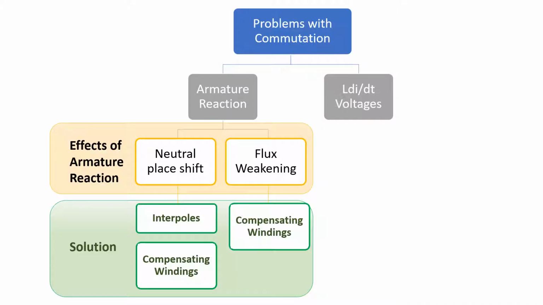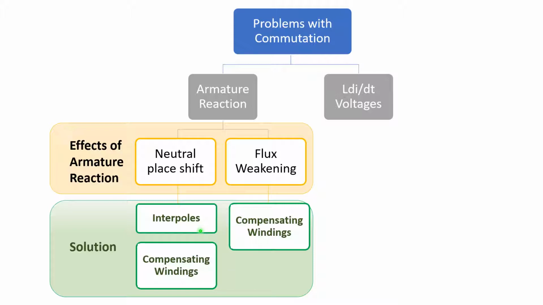So in conclusion, the problems of commutation are divided into two: armature reaction and L di/dt voltages. The effects of armature reaction are neutral plane shift and flux weakening. Now, both these effects of armature reaction can be solved by having compensating windings.